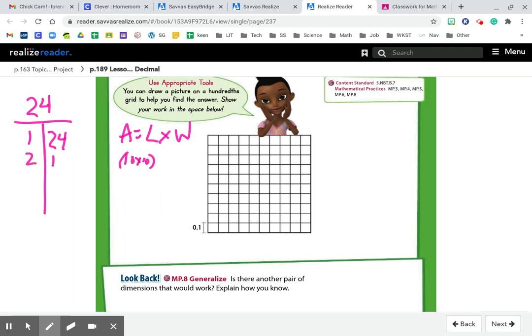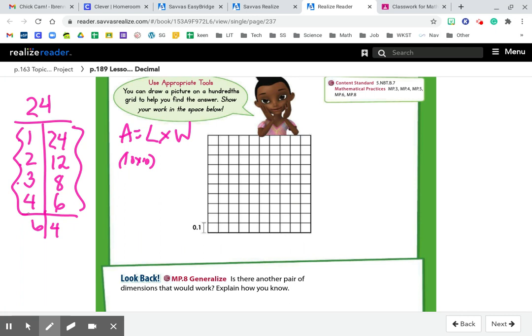But we could have a 2 by 12, and I am putting factor pairs up in order. So I'm thinking in my head, 1 goes in 24 times, 2 times 12, 3 times 8, 4 times 6, 5 doesn't go in, and then 6 times 4, so we'd have a reversal right here. So what we have here are 4 factor pairs for 24.